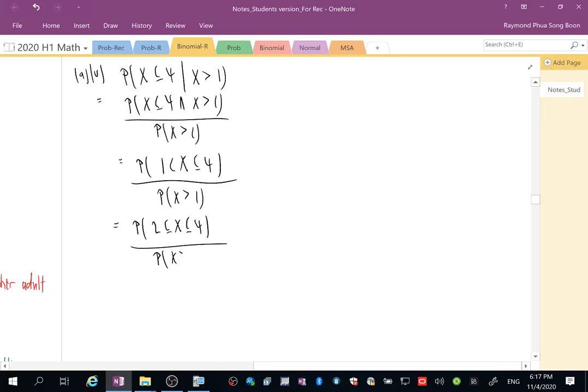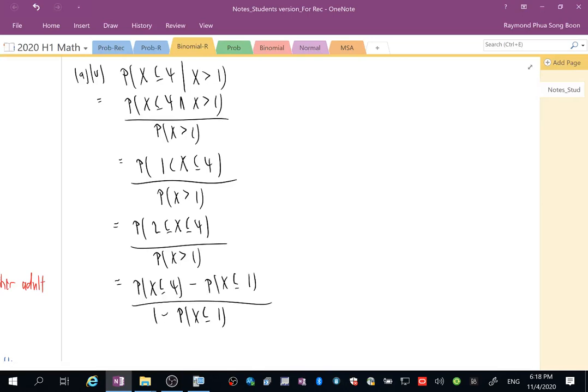Denominator will be 1 minus probability X less than or equals to 1. Okay, so once we've changed numerator and denominator to the form where we can use GC, then we can now press GC, because for all this, we can use binomial CDF to calculate. Okay, good. So that will be for part 5.